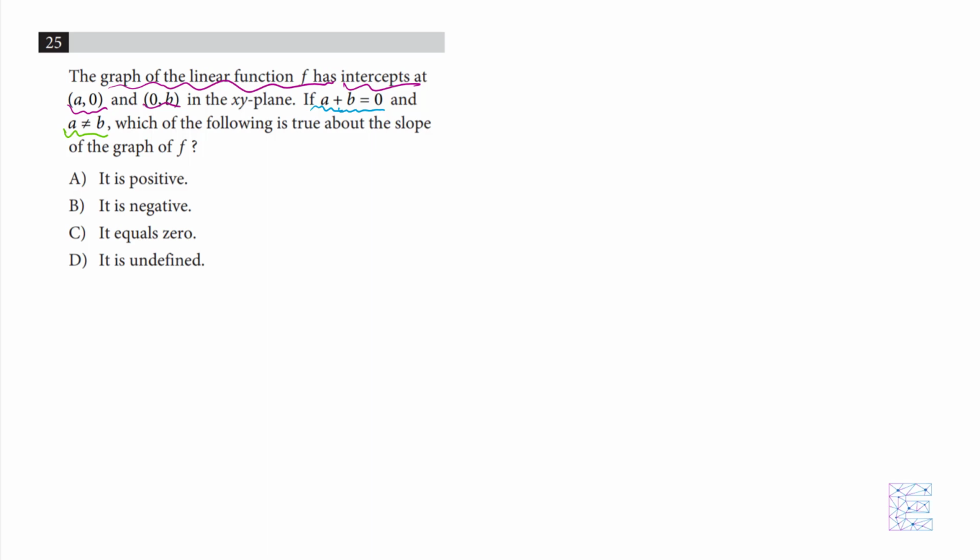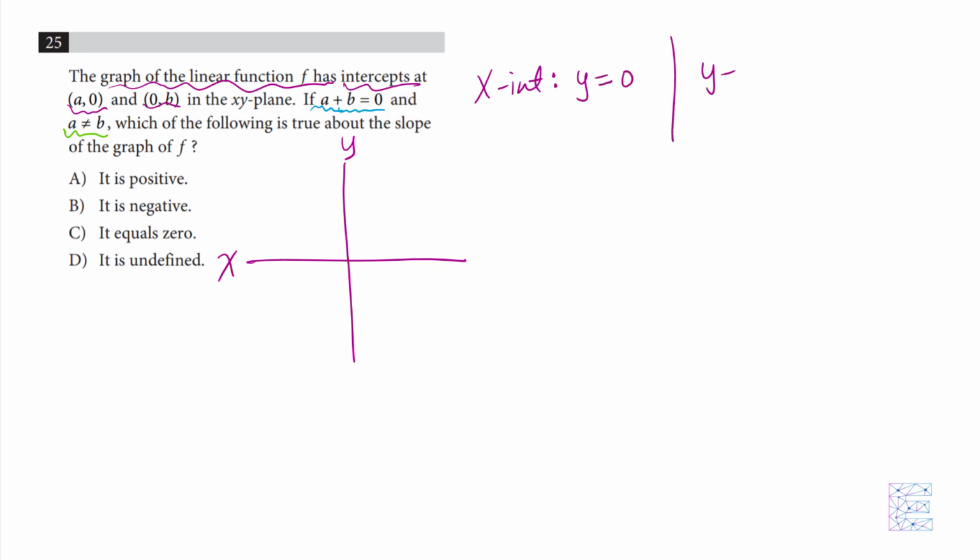I'm actually going to bring up a sketch here. Let's create a little x and y plot, y-axis and x-axis. One thing I want to quickly remind you, these are facts that you definitely need to know: at the x-intercept, y is equal to 0, and at the y-intercept, x will equal 0.